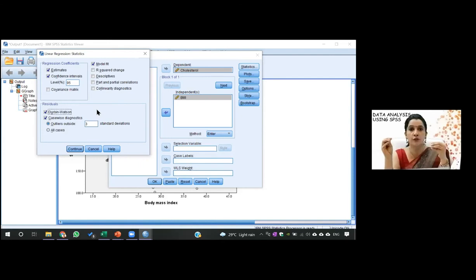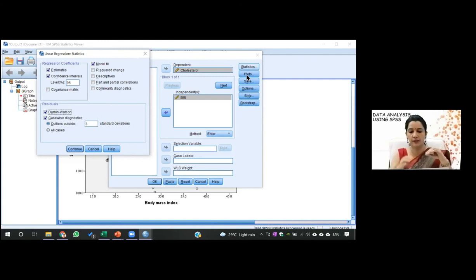That will affect the prediction of the model, and you don't want that to happen. That's why you click this Durbin-Watson statistics, and there is a value for it. We'll see how much the value of Durbin-Watson statistics should be.